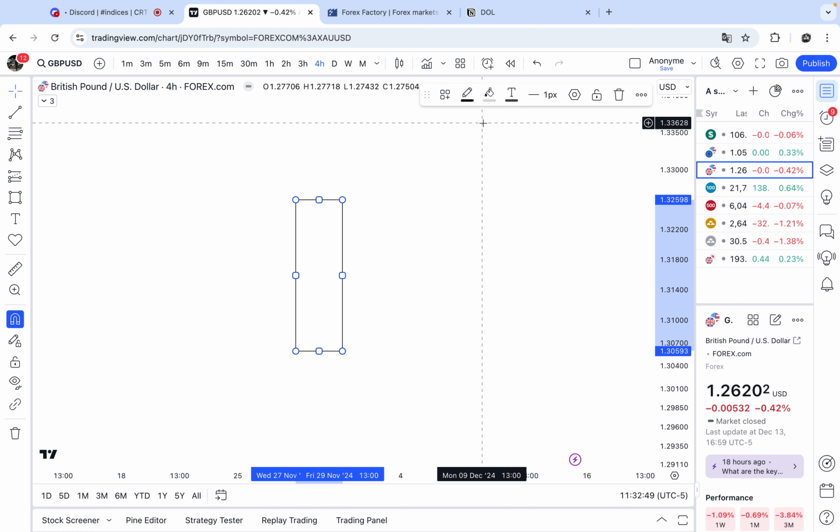That's why this is where psychology comes into play. That's why I'm always taking out my position most of the time at 2R, risk to reward, cashing out, and that's it. My mind is free.